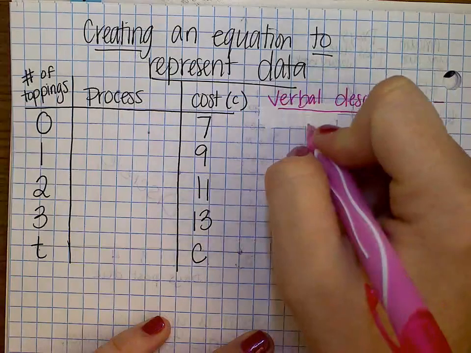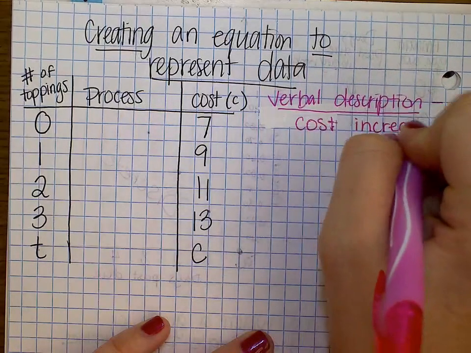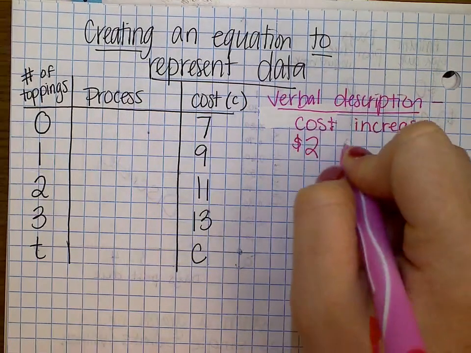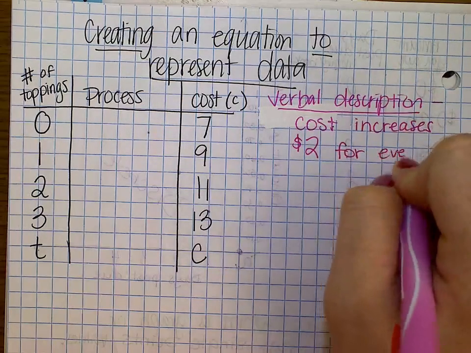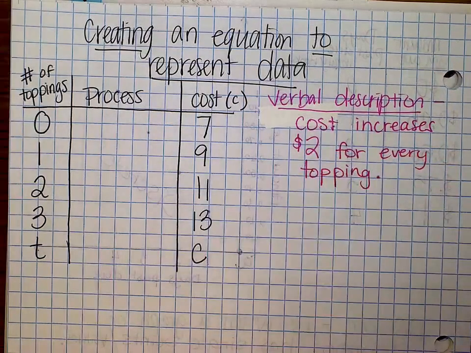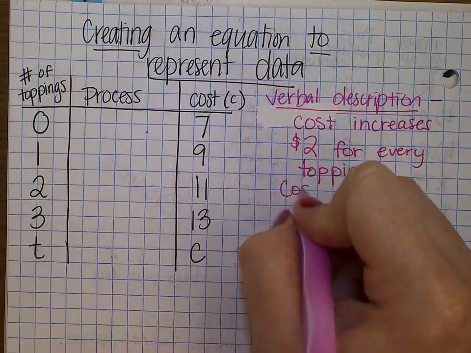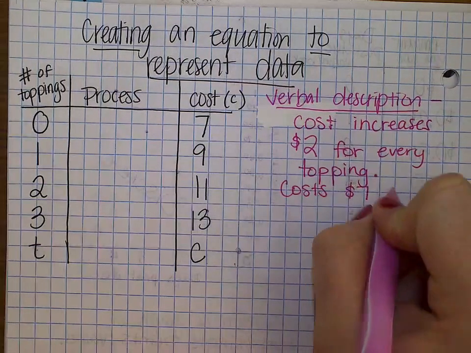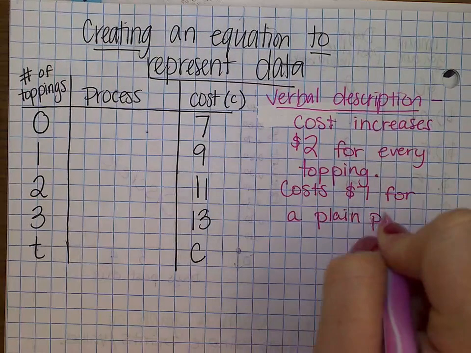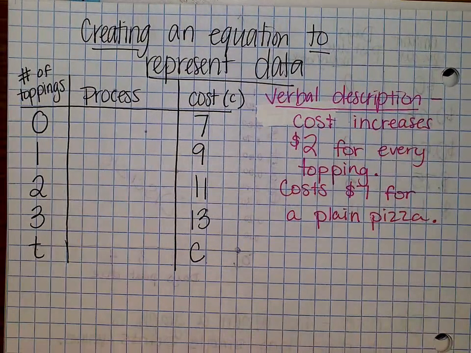So we can say the cost increases $2 for every topping, and those are expensive toppings. But we also have $7, and it costs $7 for a plain pizza, or a pizza without any toppings. So that's our verbal description.